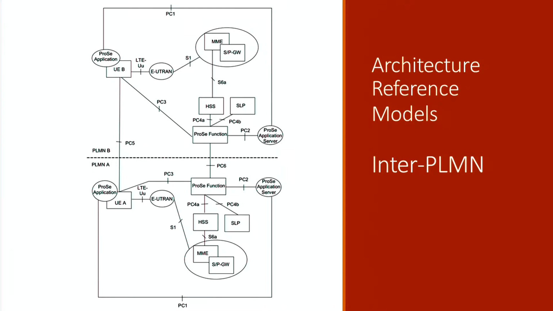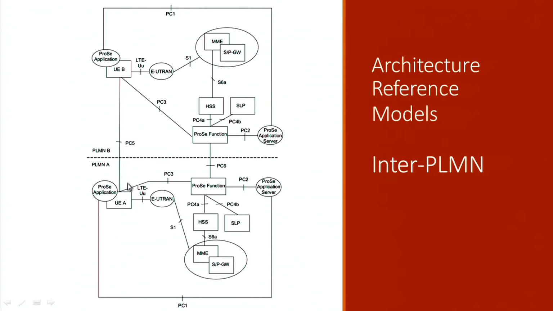So they are allowed, according to the standard, to communicate, and this will necessarily need a few more steps, because each operator will have its own ProSe function, and the ProSe functions will need to talk to each other using a specifically designed interface called PC6. Why? Well, to exchange information about who's enabled for D2D communication and who's not.